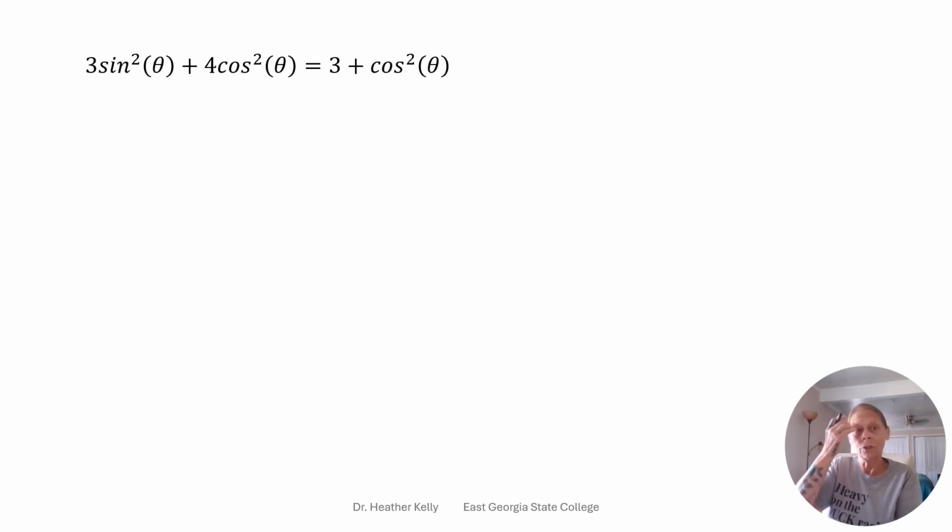Let's take another look at this one. Let's see here, what can we do? First things first, I'm going to move that cosine squared over, get everything on one side of the equation.